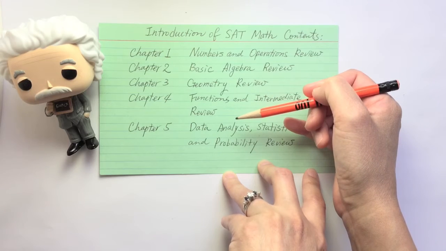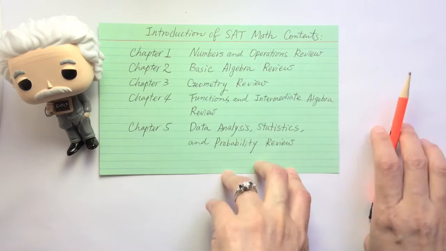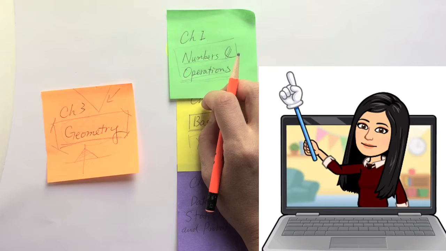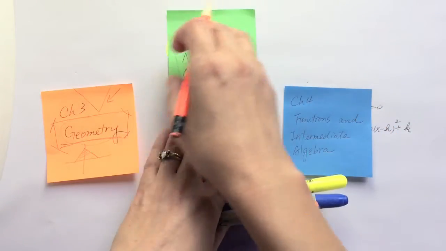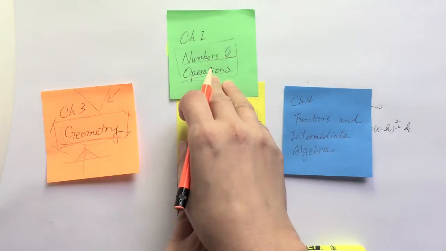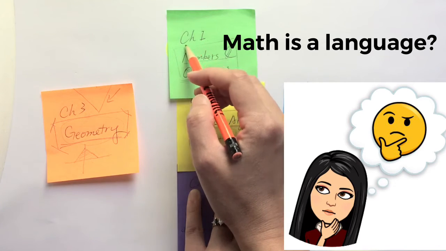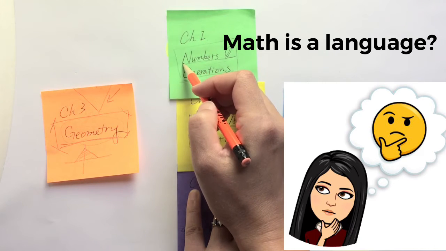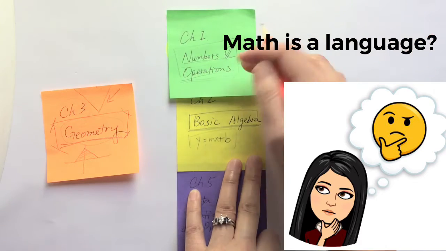So I'm going to use a graphic drawing to demonstrate the SAT math contents, okay? And actually, I already did some pre-drawing. So, for example, if we think math is a language, in chapter 1, numbers and operations, just like you need to know the alphabet or the sounds, how to sound out the vocabulary.